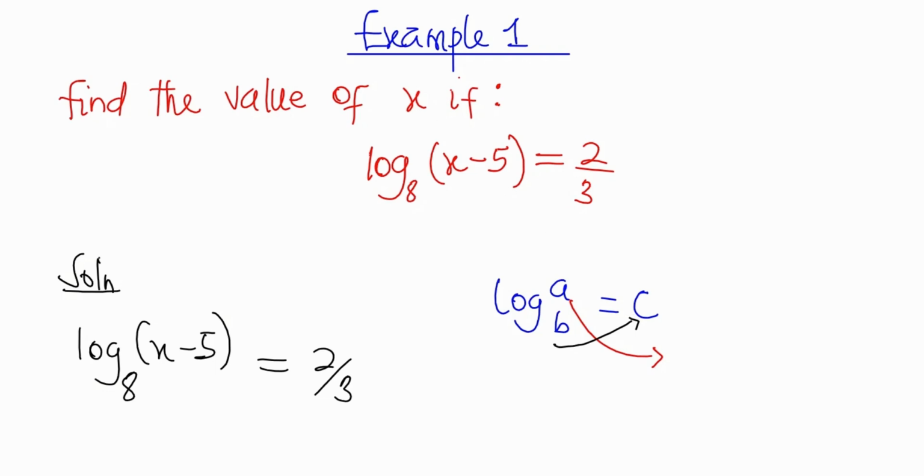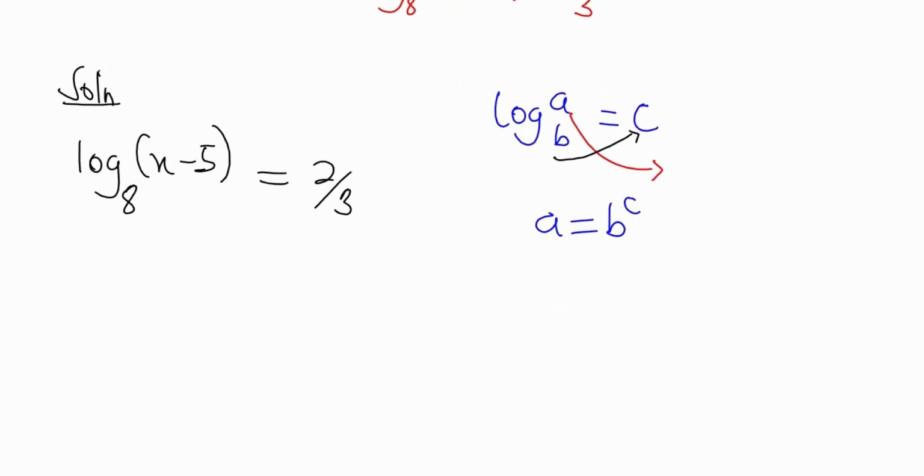So that means we are going to have a is equal to b exponent c. Using the same ideology here, we can find the value of x. So our x now becomes the a here. So that is x minus 5, which is equal to 8 exponent 2 out of 3.